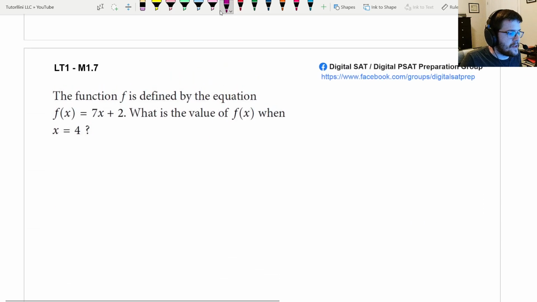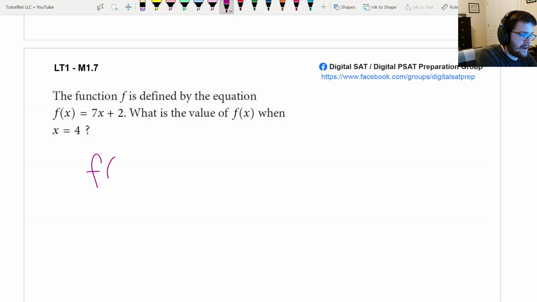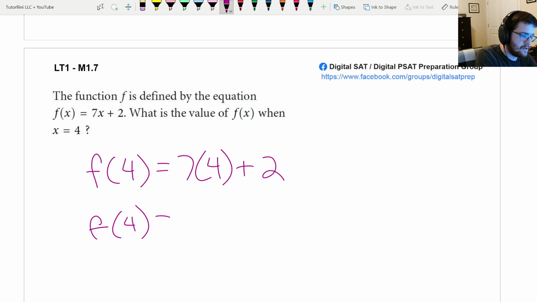What is the value of f of x when x equals 4? So it basically wants us to make x 4. So we're going to do f of 4 equals 7 times 4 plus 2, replacing all the x's with 4. So 7 times 4 is 28. So f of 4 is equal to 28 plus 2, which is 30.